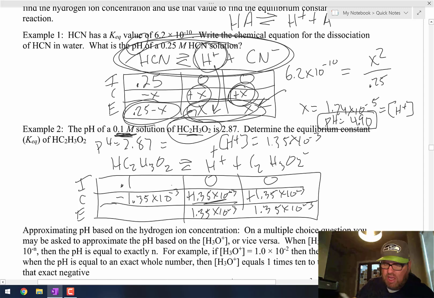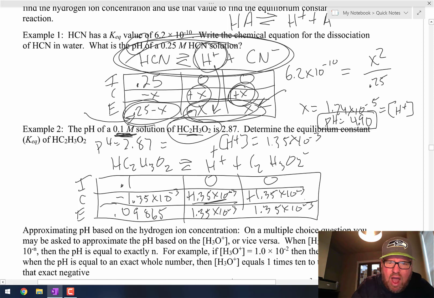So I'm going to take 0.1 and subtract 1.35 times 10 to the minus third, and I get 0.09865. It's not much different, but the only reason we take out this minus x is because we don't have to do the quadratic equation. We're not doing the quadratic equation here anyway. We're simply trying to find the equilibrium constant.